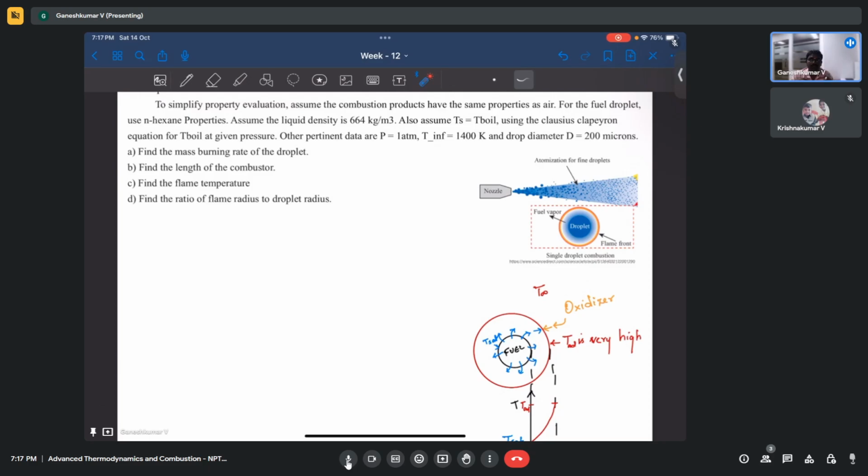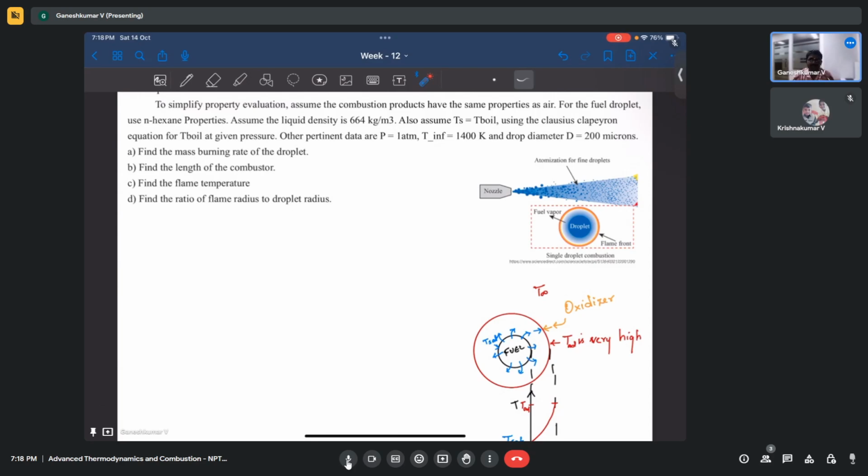Because that is going to influence the design of the combustor. It will influence how large your combustor should be, because all the droplets have to evaporate and combust within the combustor. If they don't, they will just go out of the nozzle, and we will lose all the energy.